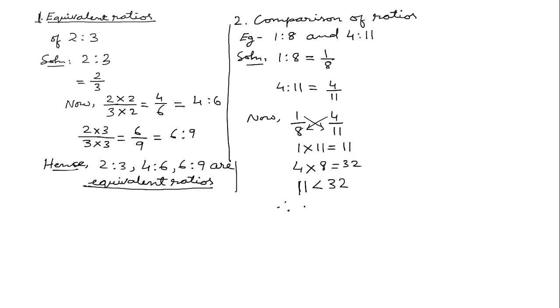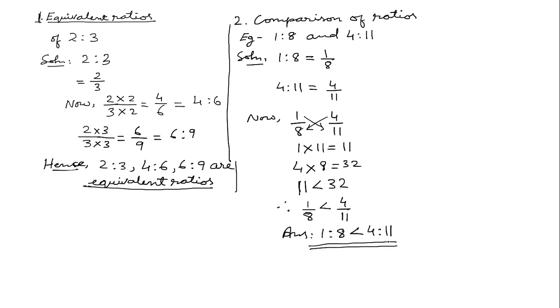So therefore we can say that 1 by 8, the product of the first one, is actually smaller than 4 by 11. Thus you can say now 1 is to 8 is smaller than 4 is to 11.